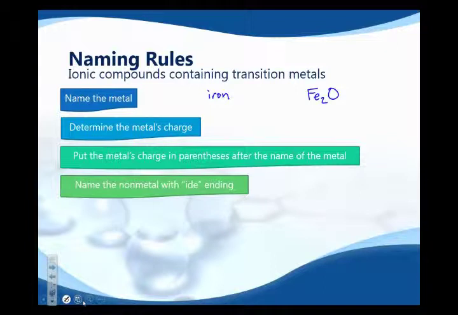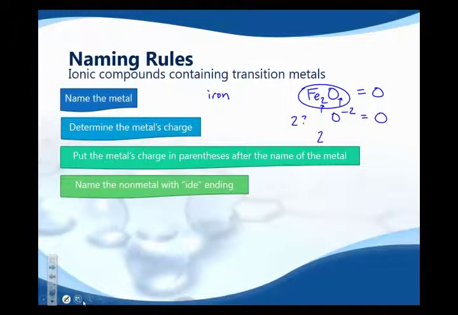The second step is to determine what the metal's charge is, because iron is a transition metal. You can check your periodic table to verify for yourself. What we know about ionic compounds is that the total charge of the ions has to sum to 0. We also know that oxygen has a -2 charge, and there's only one of them. There are 2 irons, each of which I don't know the charge of, so there are 2 question marks. That has to add to 0.